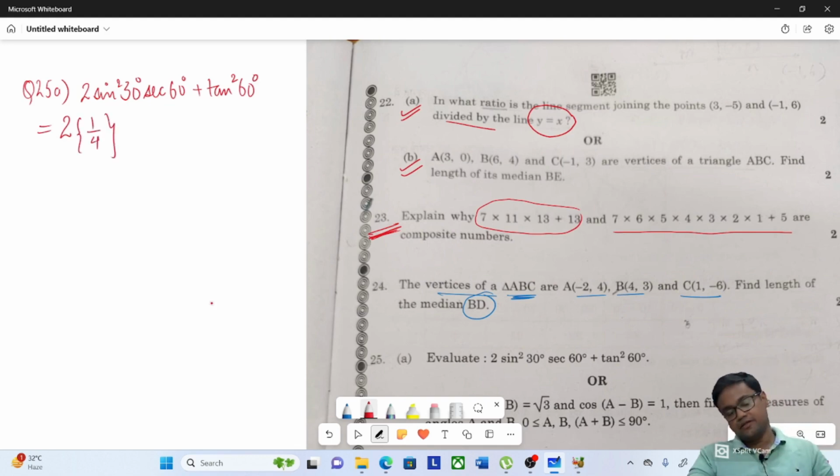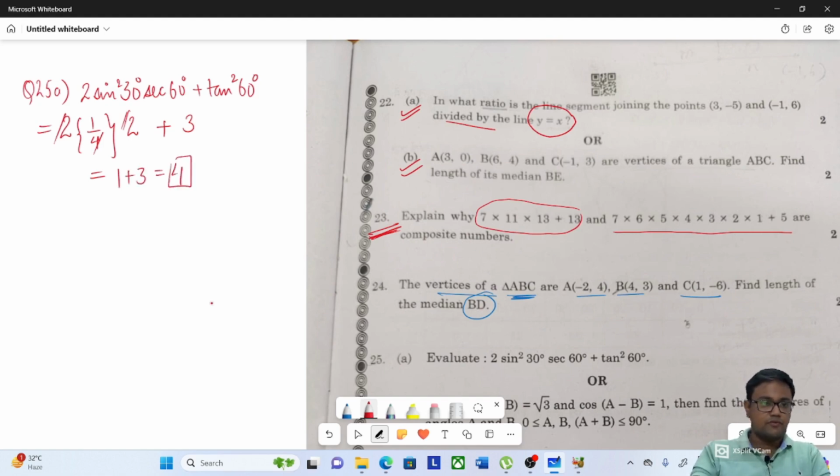Sec 60 is the reciprocal of cos 60, and cos 60 is 1 by 2, so reciprocal of 1 by 2 is 2, and tan 60 is root 3, so tan square 60 is 3. So all the 2's and 4's will cancel each other out. So 1 plus 3 will give you 4, right. So this is the right option, part A.